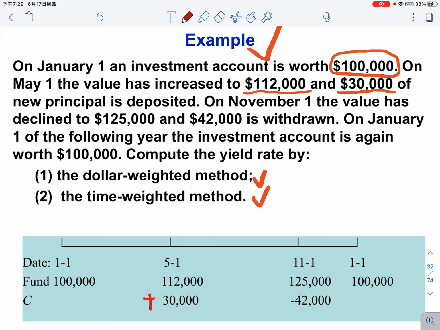And on November 1st, the value has declined to 125,000. It used to be higher, but it has declined to this number.